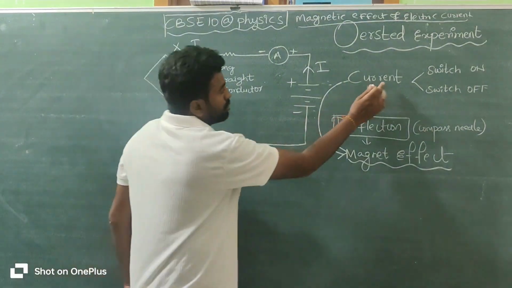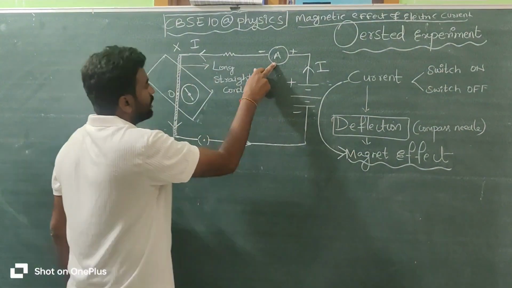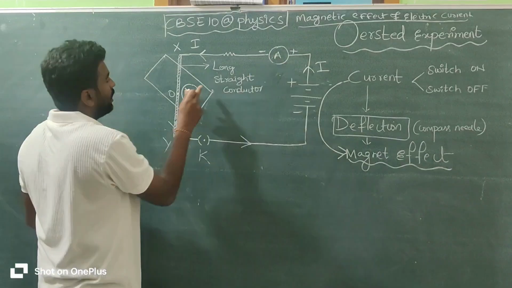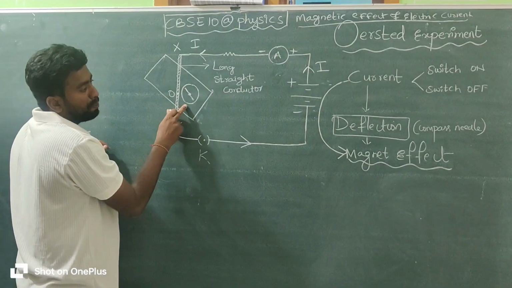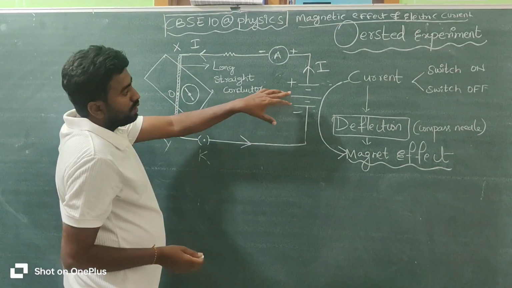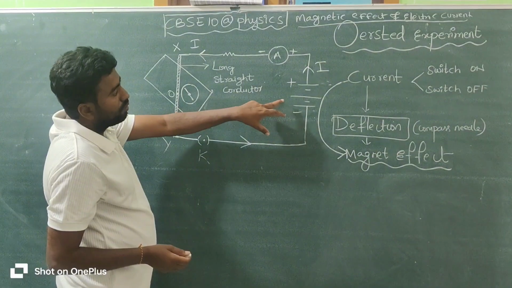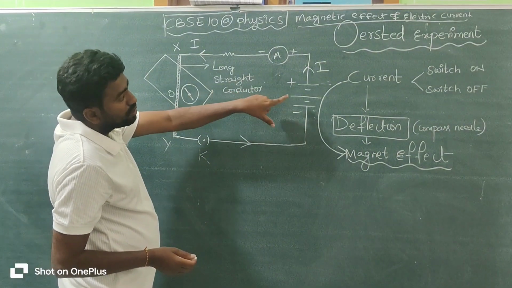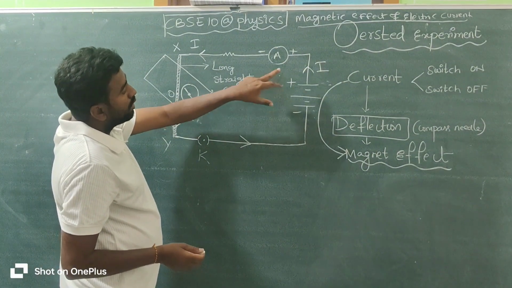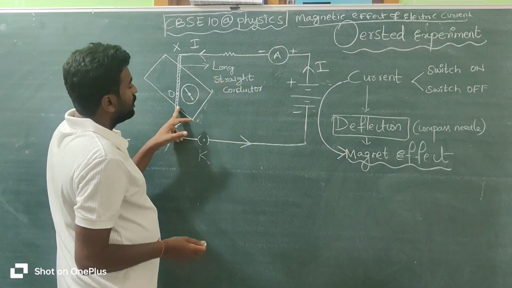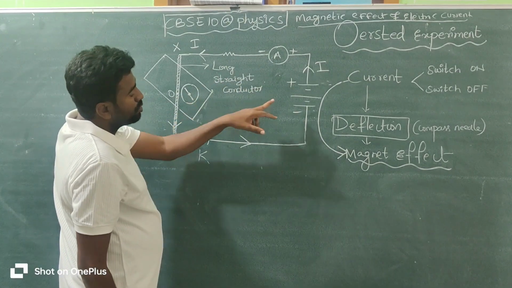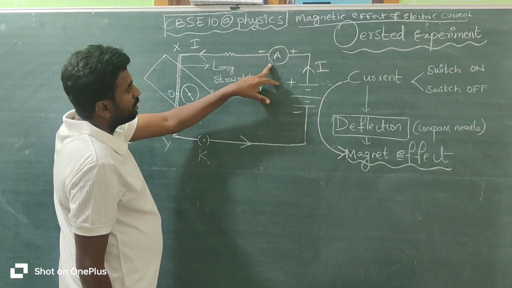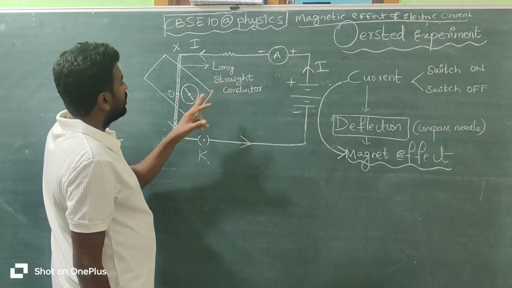When you switch off the circuit, there is zero reading in the ammeter and no deflection in the compass. So when the switch is on and current is flowing, there is a deflection in the magnetic compass. When you switch off, there is no current, zero reading in the ammeter, and no deflection.